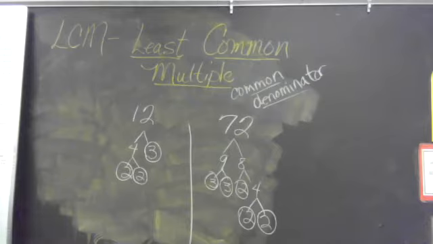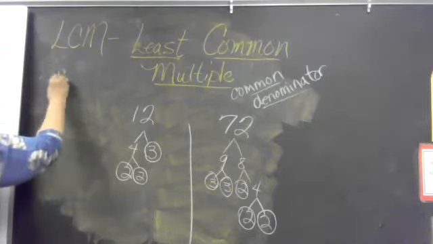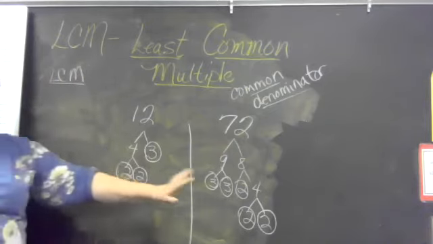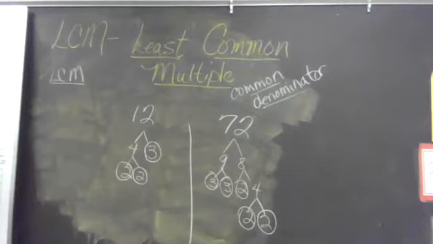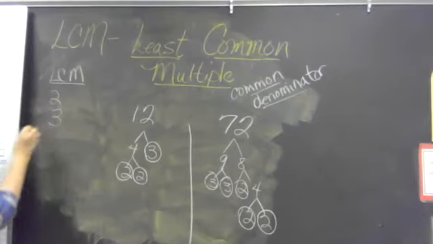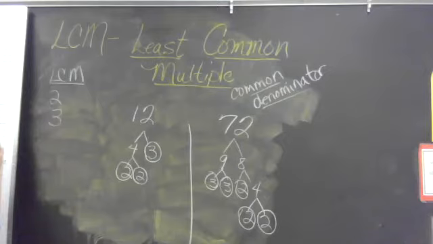Okay, now we're going to find the least common multiple or our common denominator. And that means we look at both of our factor trees and we see we have some 2s, we have some 3s. We're not going to count 4s because 4 is not prime and it's not circled. The primes are the ones that are circled.